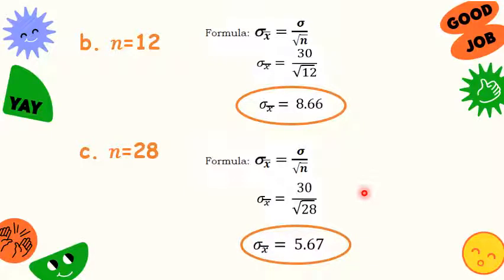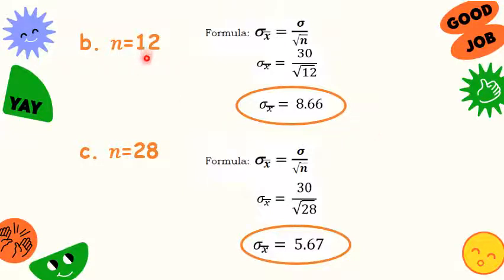Now, dito sa tatlong examples na ipinakita ko, what do you notice dun sa nakuha nating standard error in relation dun sa mga sample size? Diba kanina, ang n natin ay 5, ang nakuha nating standard error ay 13 point something.